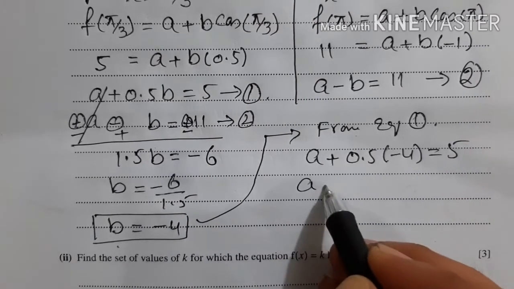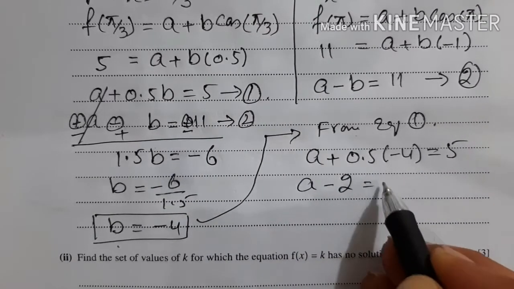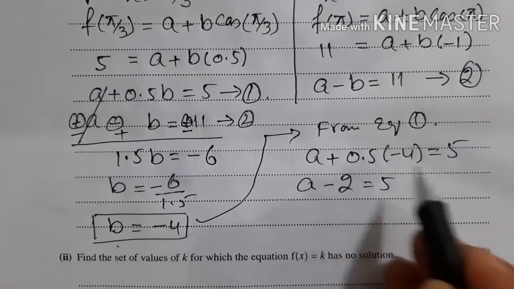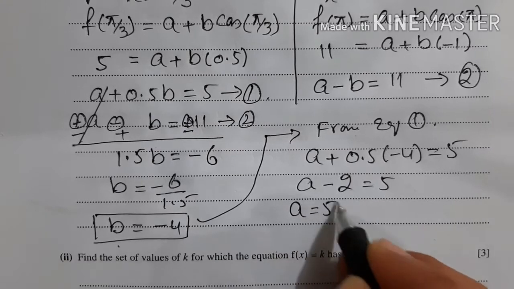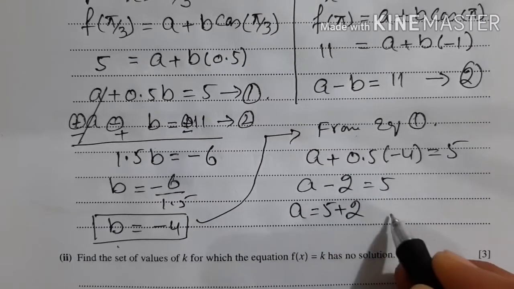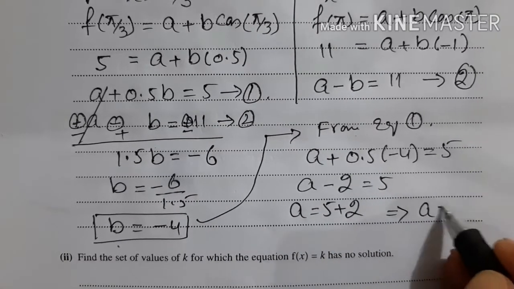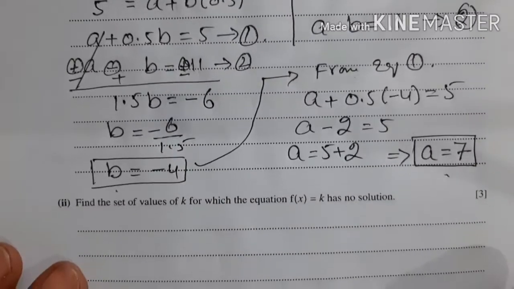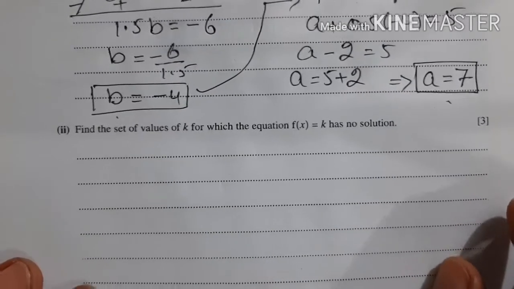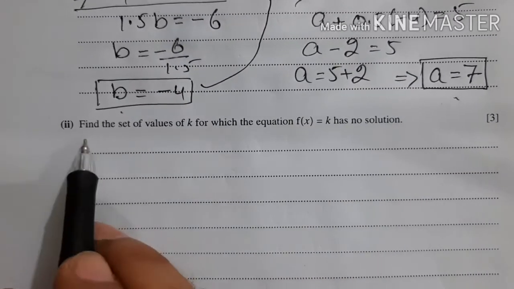So a minus 2 is equal to 5, because 0.5 into minus 4 is minus 2. So a is equal to 5 plus 2. Therefore a is equal to 7. This is the value of a.